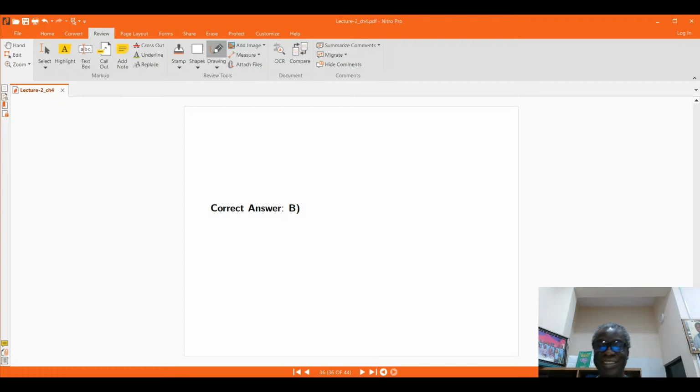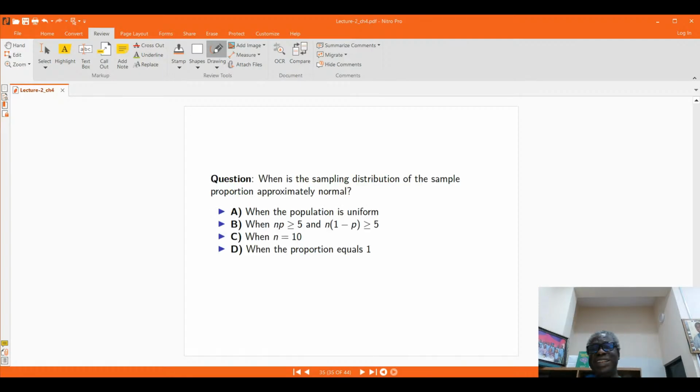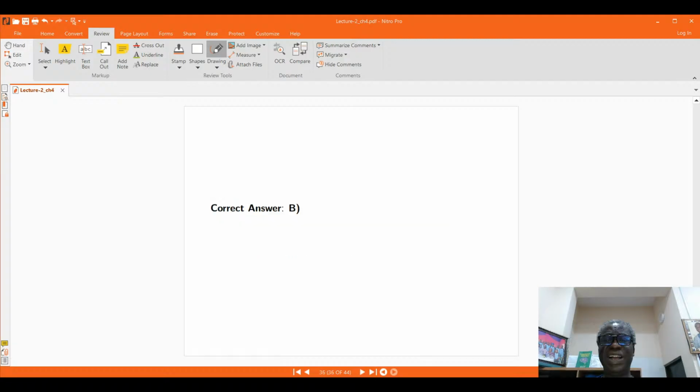So B says when the product of sample size and the proportion of successes is greater or equal to 5, and at the same time the product of the sample size and the proportion of failure is greater or equal to 5.